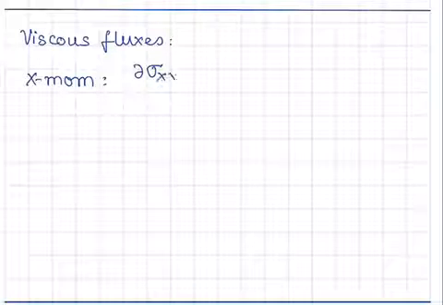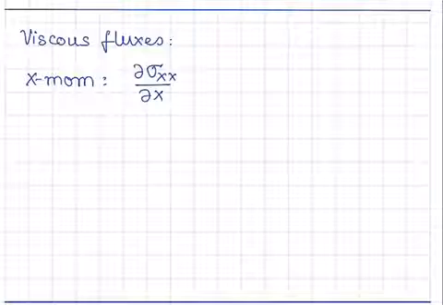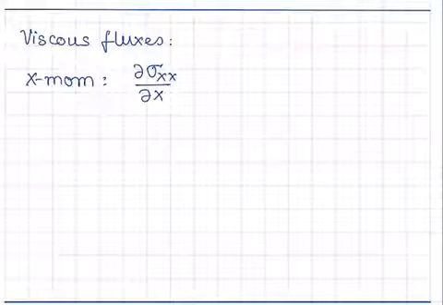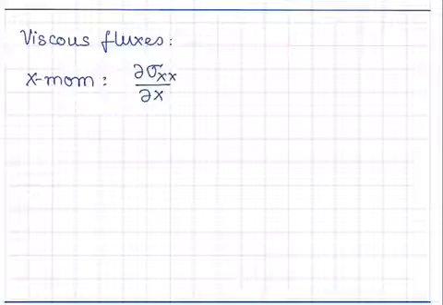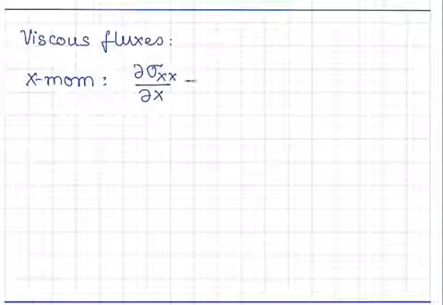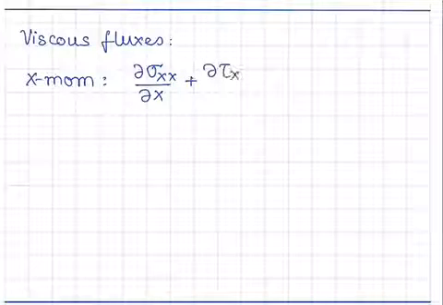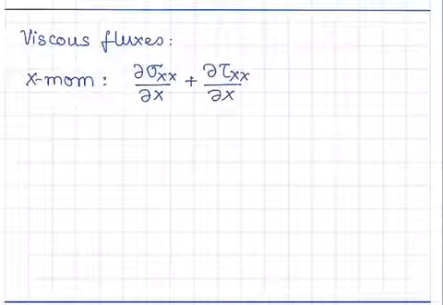The Navier-Stokes equations have a viscous term of this kind. Again, we're writing it only in 1D. In 2D, it will have more sigma terms. Now, when we come to turbulent flows, we have the additional Reynolds stress. So I'm going to write that as tau xx, del x.